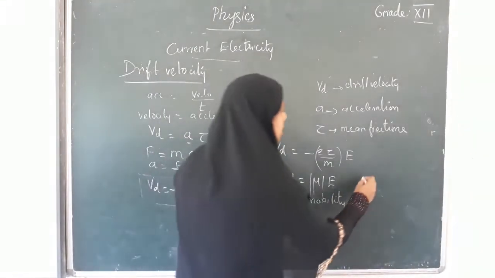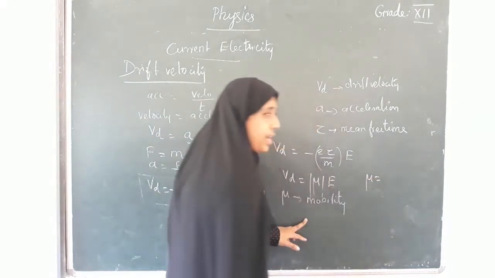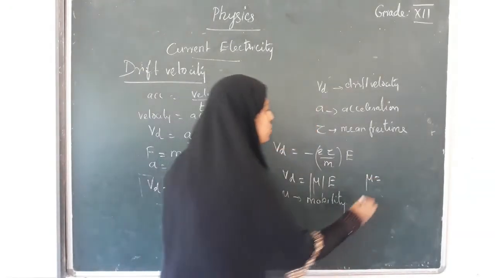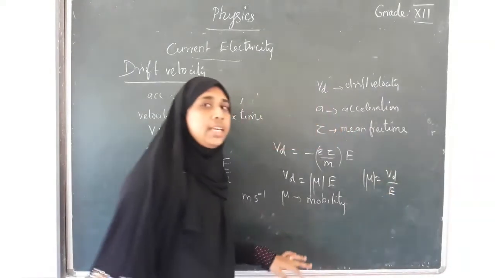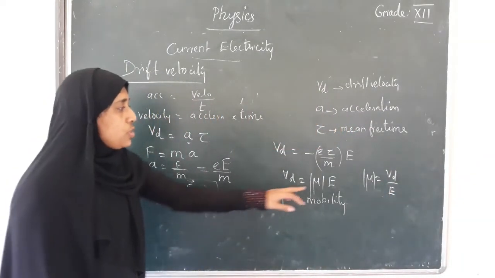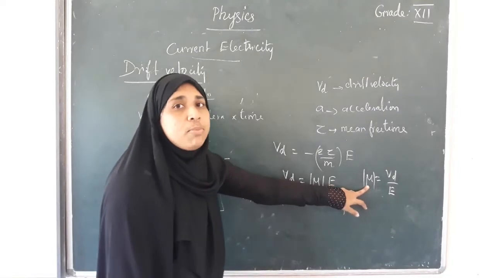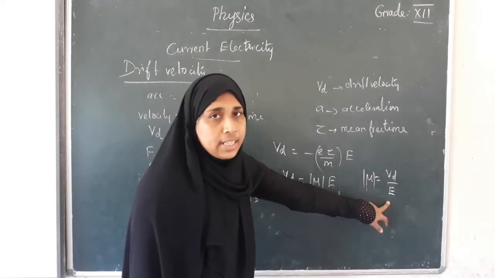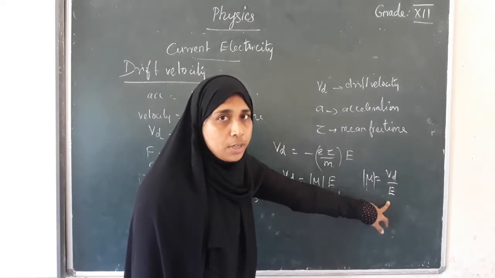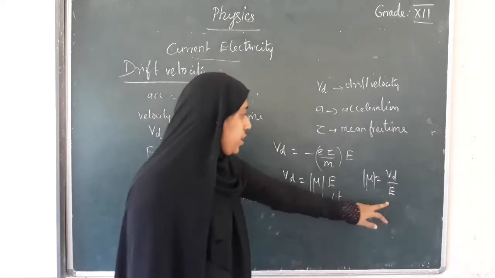So mobility mu can be defined as mu is equal to Vd by E. Mobility is the drift velocity acquired per unit electric field.